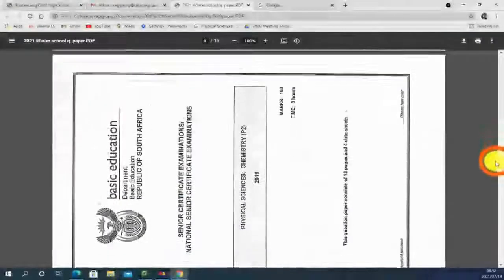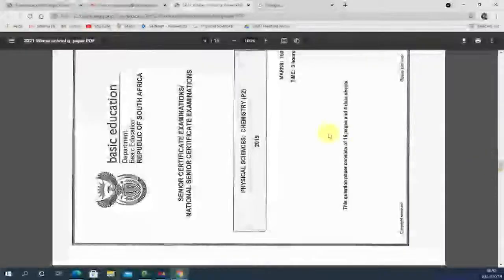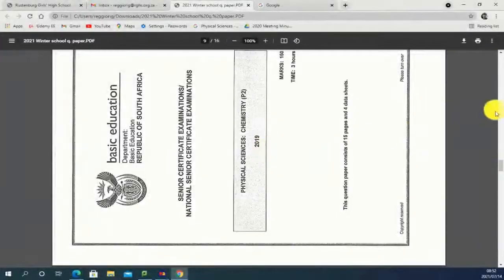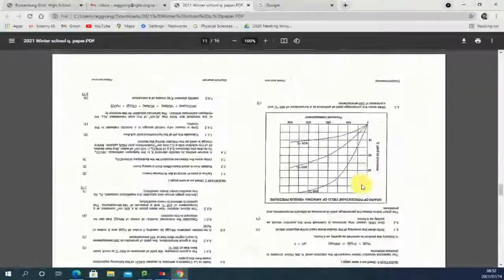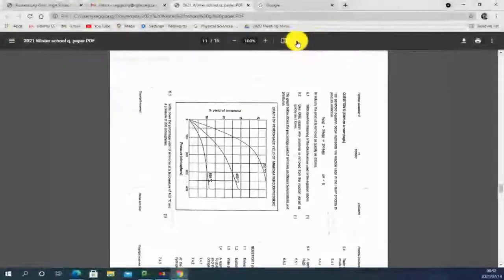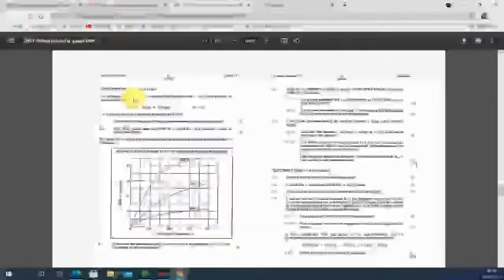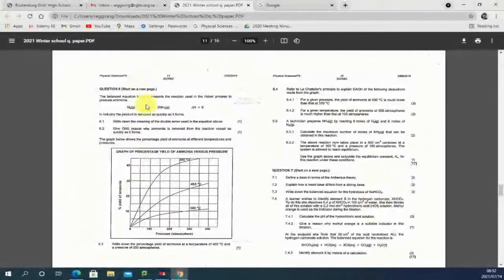Right, so the other document that you got is 2019 Physical Sciences. Again, you'll notice question 5 is rates of reactions. Question 6 is chemical equilibrium, and question 7 is again acids and bases.